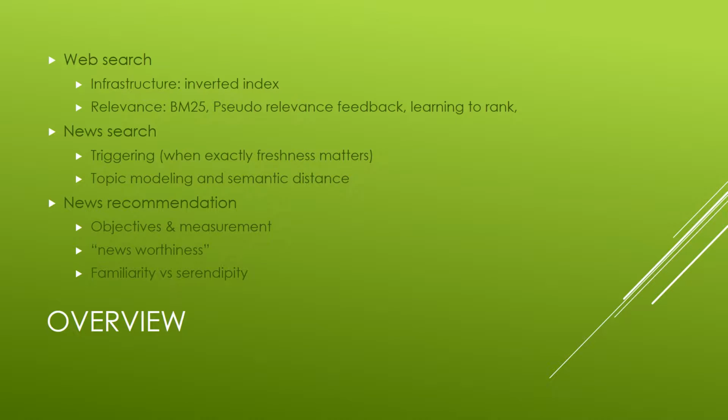To enable such large-scale, high-precision, and very targeted news recommendation based on search, we have to understand how search works, what the news search problem is on top of the general web search problem, and how news recommendation based on search works.